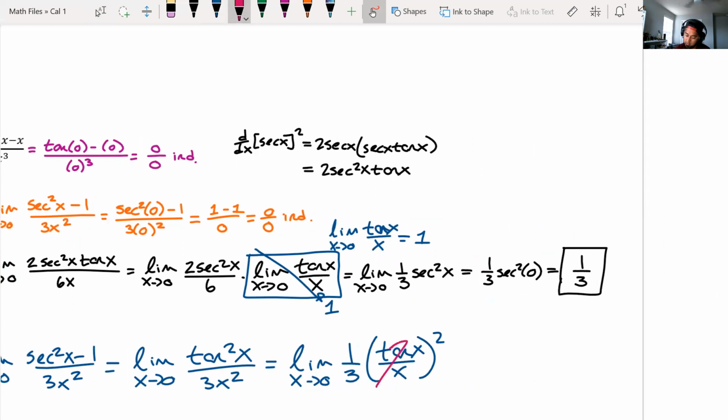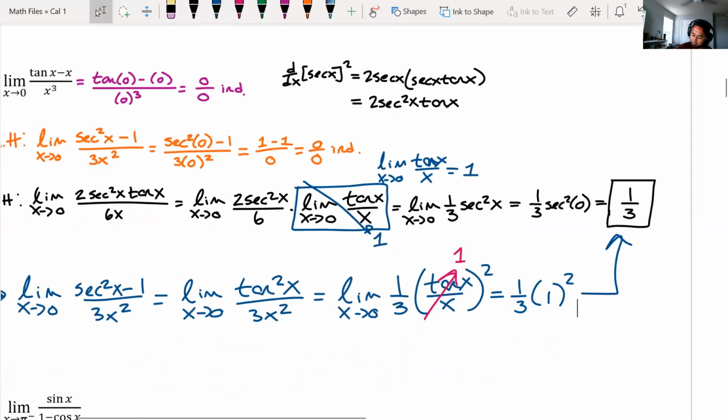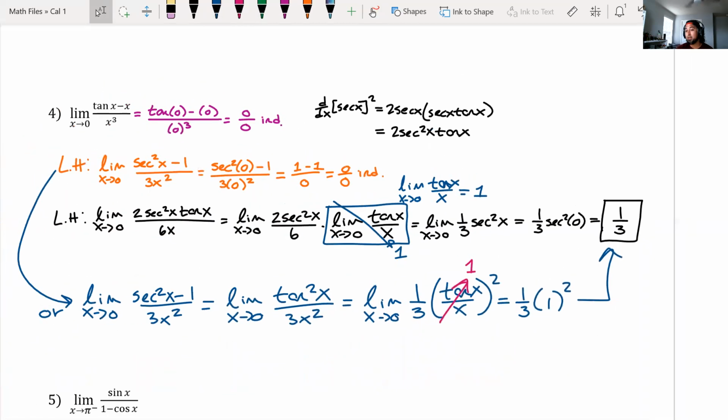One. That goes to 1. So that means we're left with 1/3 times 1 squared. Bam. Oh, identities. Crazy, right?